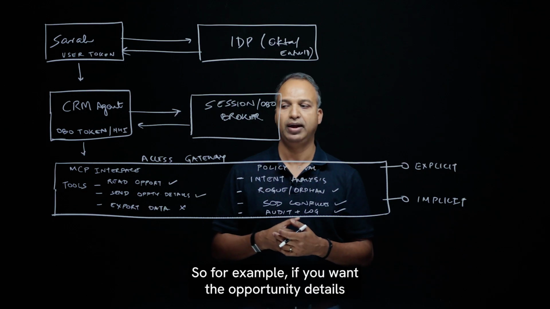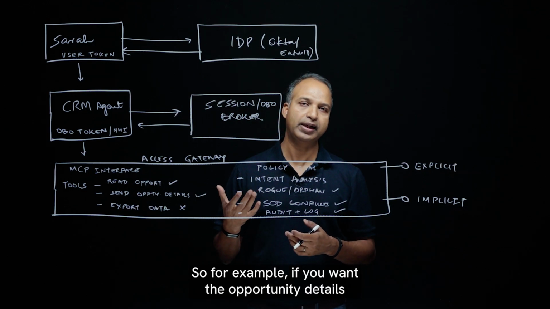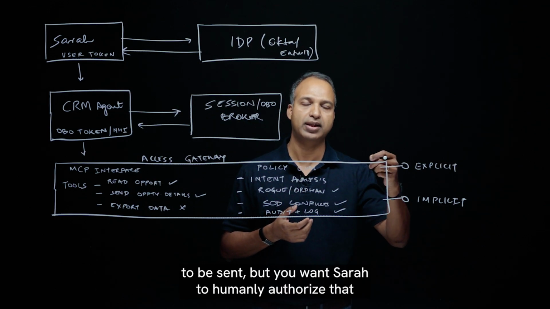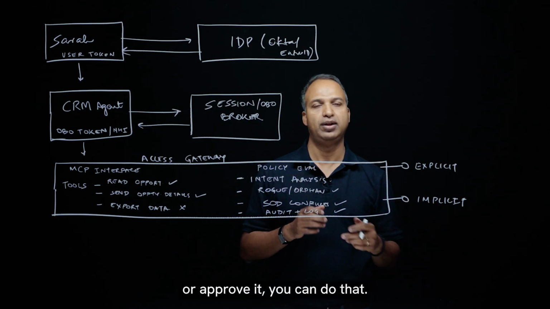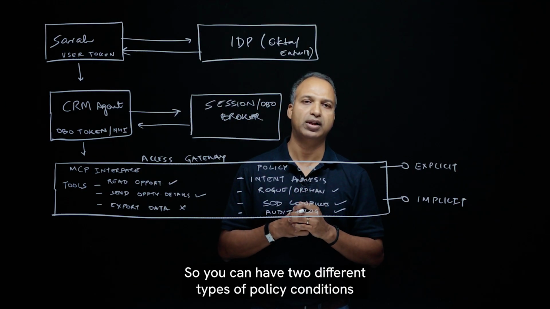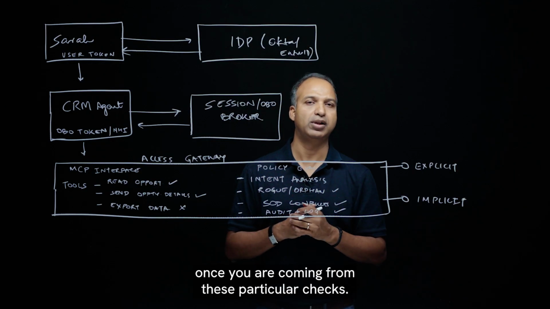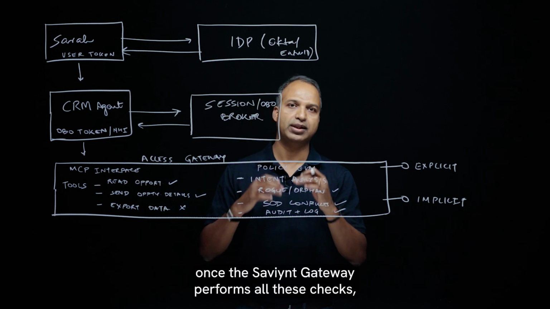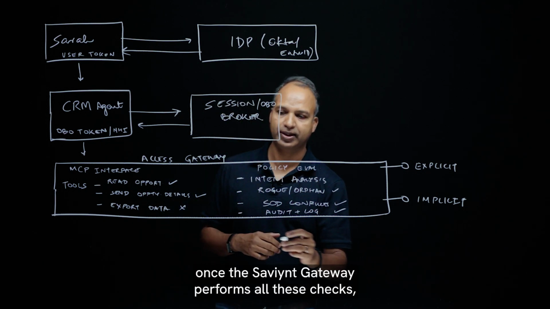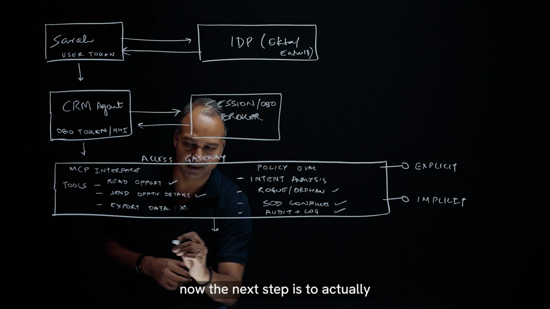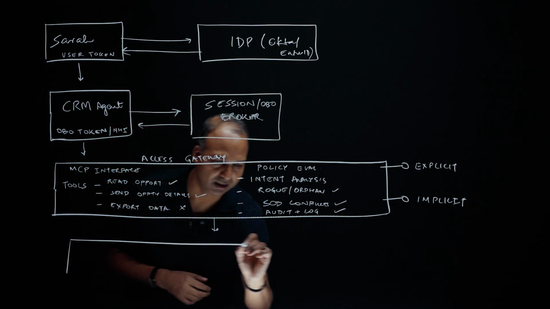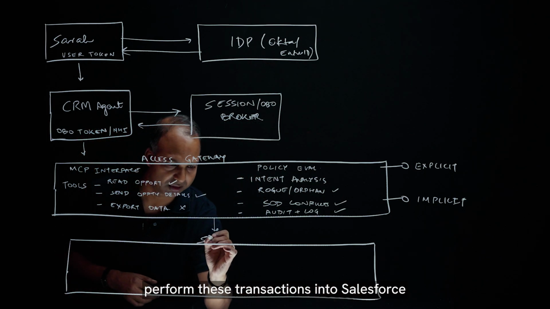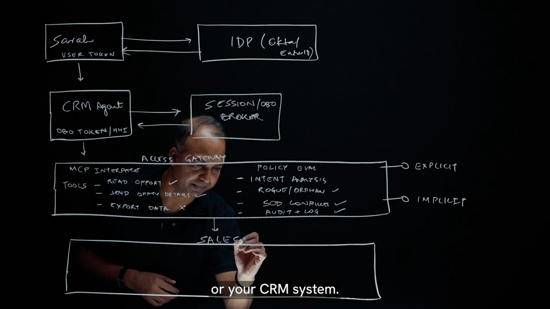So, for example, if you want the opportunity details to be sent, but you want Sarah to humanly authorize or approve that, you can do that. So you can have two different types of policy conditions coming from these checks. Further, in the very end, once the Saviynt gateway performs all these checks, the next step is to actually perform these transactions into Salesforce or your CRM system.